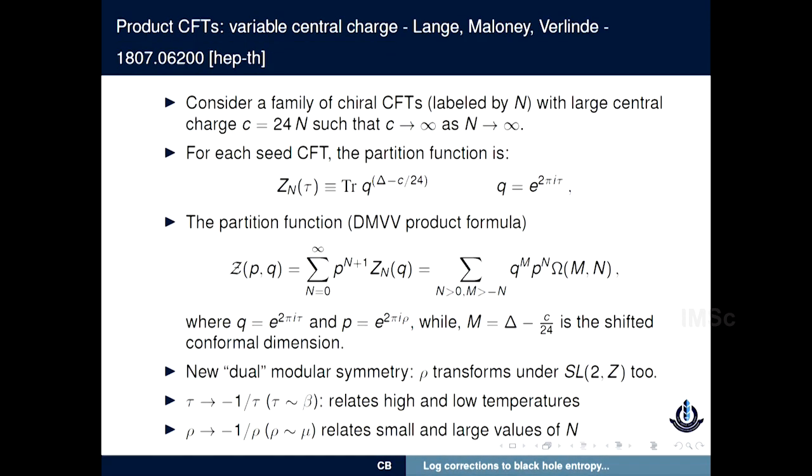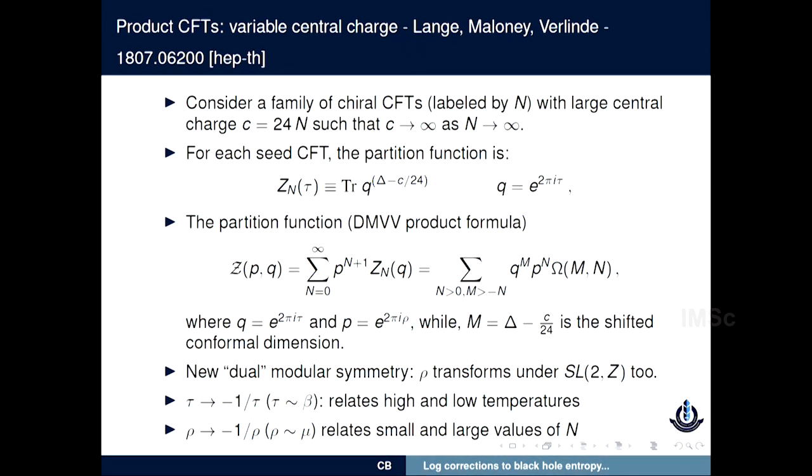So how do you compute the partition function? You consider a family of chiral CFTs with very large central charge, C equal to 24n, such that as n goes to infinity, C goes to infinity. For each of these CFTs, you can write the partition function in the usual fashion, where q is e to the power 2 pi i tau, the modular parameter. And if you want the partition function for the product CFT, this can be obtained from the DMVV product formula, by Dijkgraaf and collaborators.